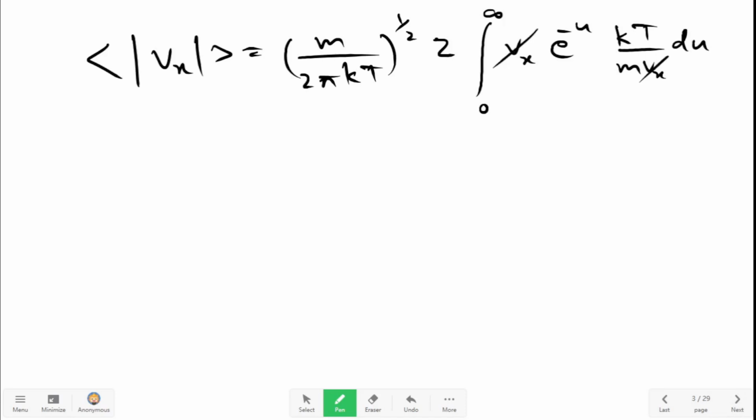Vx gets cancelled, leaving e raised to minus u du from 0 to infinity.